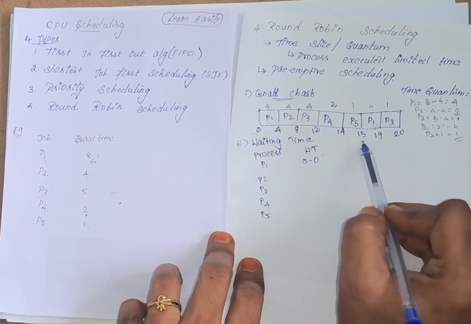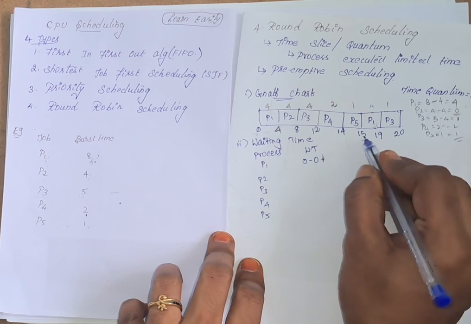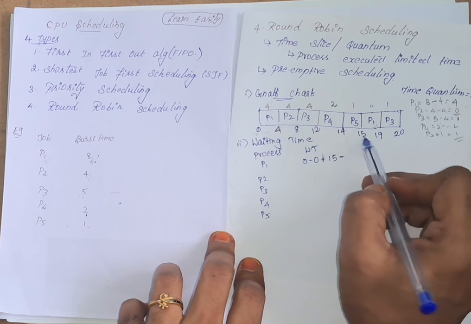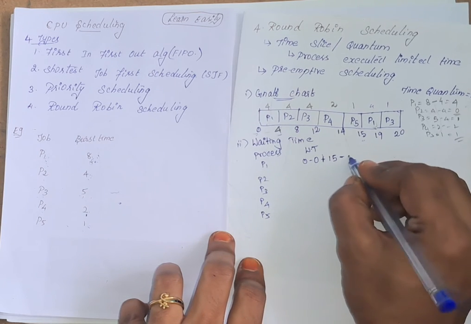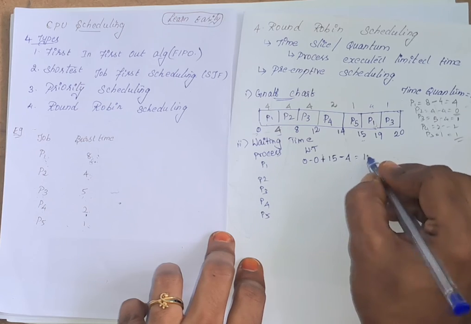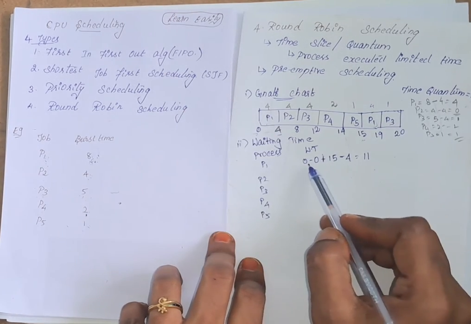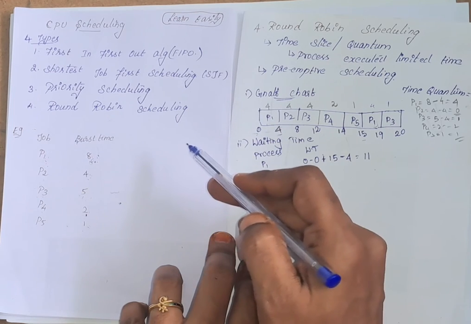Yes, P1 has been taken again, so we have to consider that waiting time minus the time where P1 gets completed, so minus 4, so that is 11. In the previous 3 types, we take the waiting time minus the arrival time, if any is mentioned.